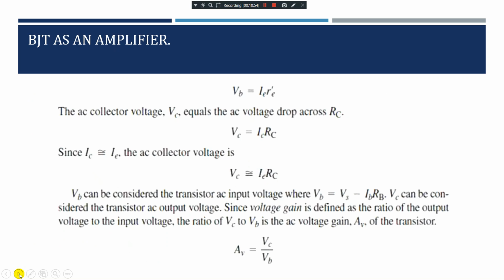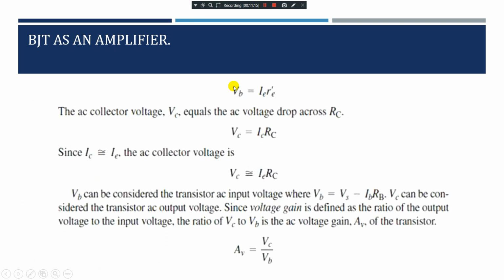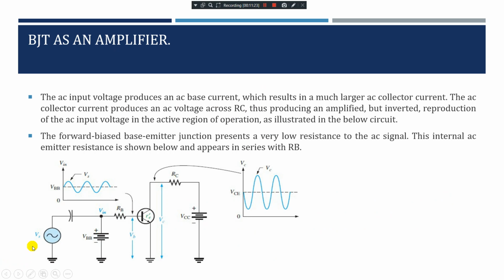Okay, we have a few calculations here, some equations. Coming here for the first one, VB, so base voltage is equal to IE into RE. For the AC voltage VC, it equals the AC voltage drop across RC.